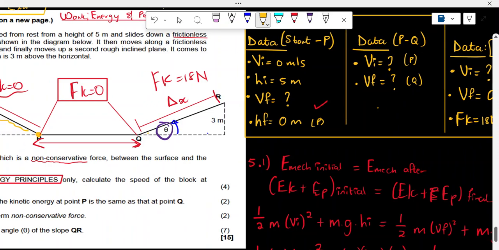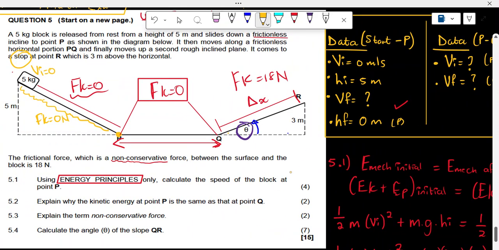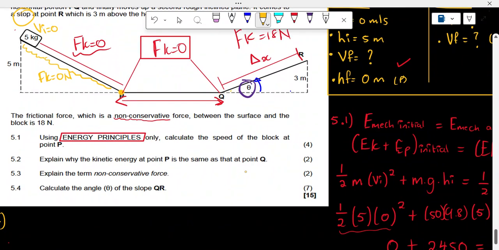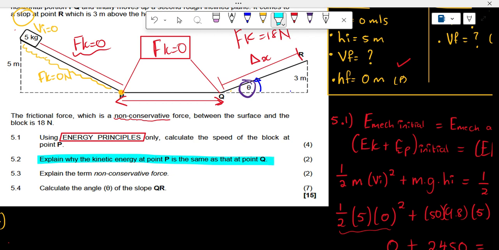So we don't have the initial velocity at point Q. So how can we get that initial velocity at point Q? Now, it is very important that you understand what this question was basically trying to do for you, right? It's very important for you to do that.